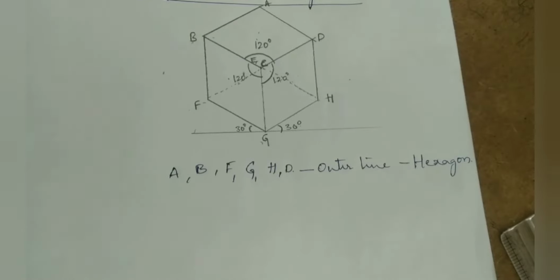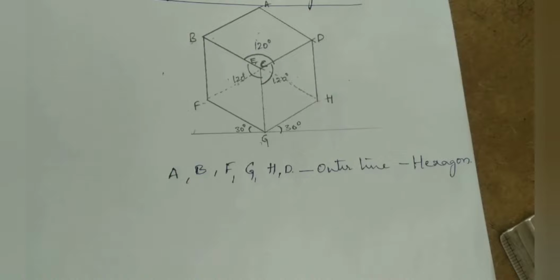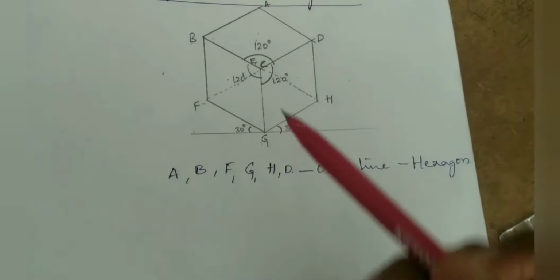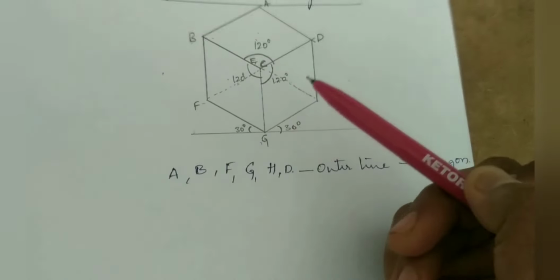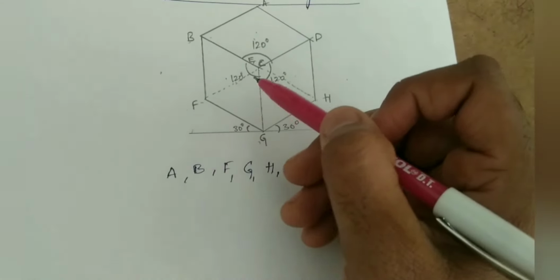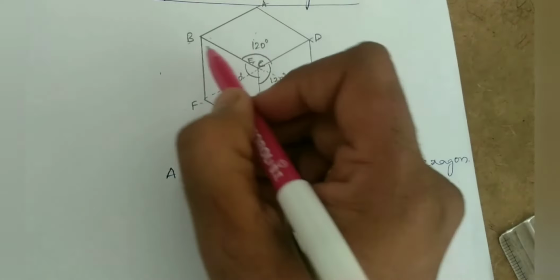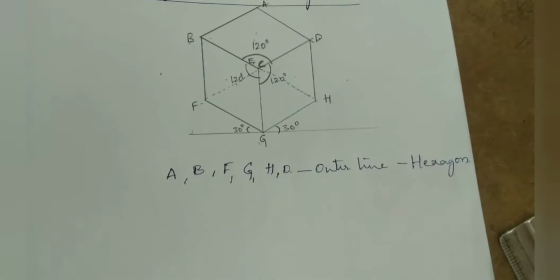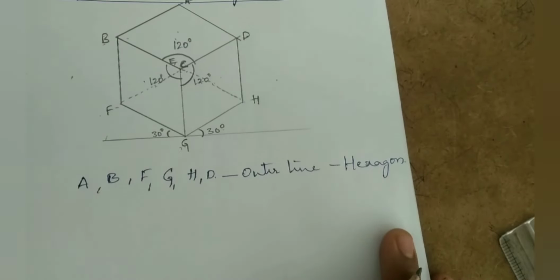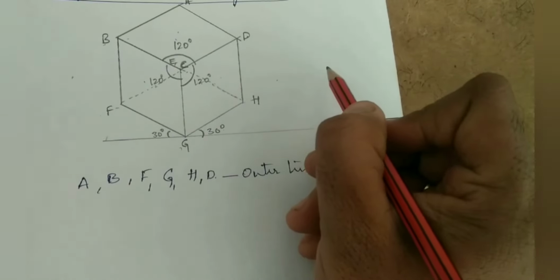All the lines representing the edges of the cube are parallel to one of the above three lines, such as CB, CD, CG. For example, I will show you how to mark it in order to draw it.